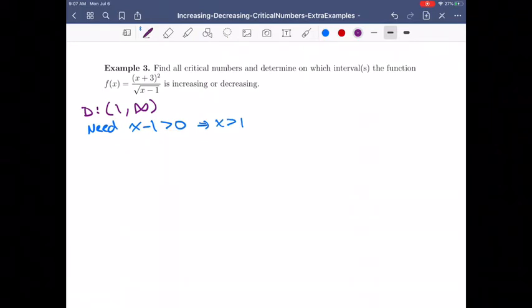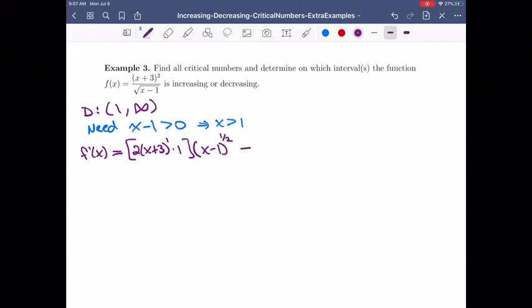Now we want to take the derivative. So I'm going to use the quotient rule. So it's the derivative of the top. That's going to be 2 times x plus 3 to the power 1 times 1, the derivative of the inside, times the bottom. I'm going to write it as to the power 1/2 instead of the square root.